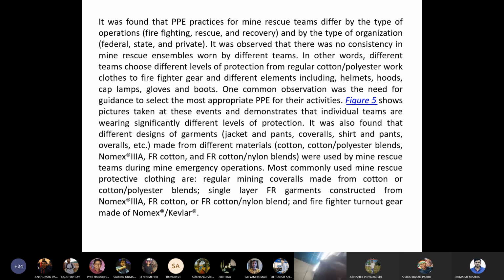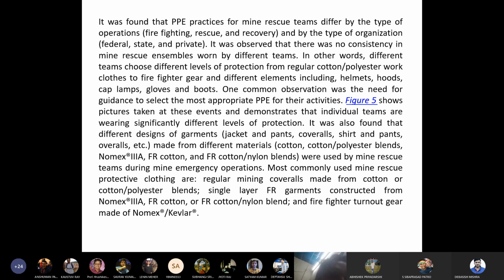It was also found that different designs of garments, like jackets and pants, coveralls, shirt and pants, overalls, etc., made from different materials, cotton, cotton polyester blends, Nomex, fire protection cotton, and nylon blends, were used by mine rescue teams during mine emergency operations.